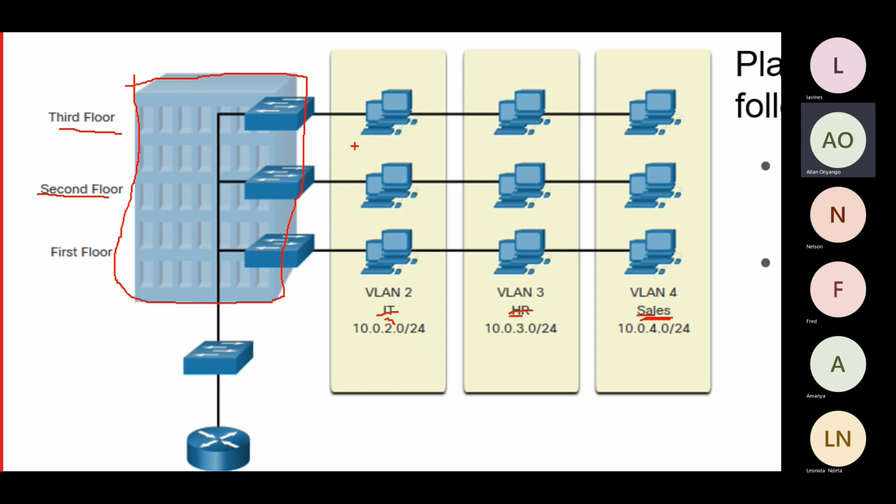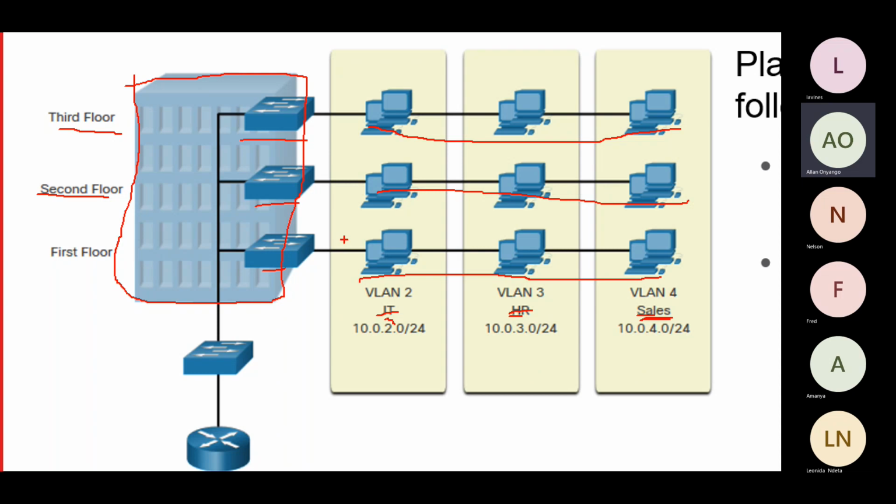You can see we have computers within each and every floor, and computers for each and every department. Each floor has its own switch here. The 1st, 2nd, and 3rd floors have their own switches, and their own computers, their own end devices. Now, listen to this.